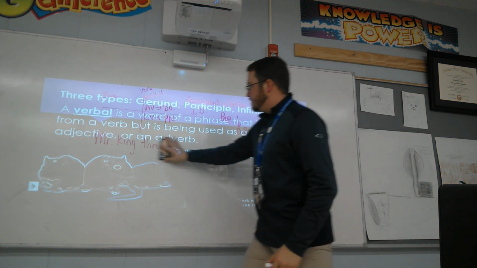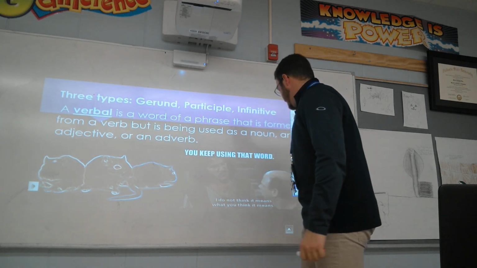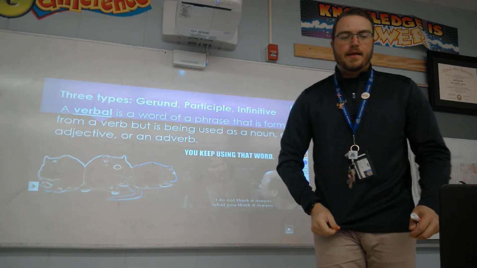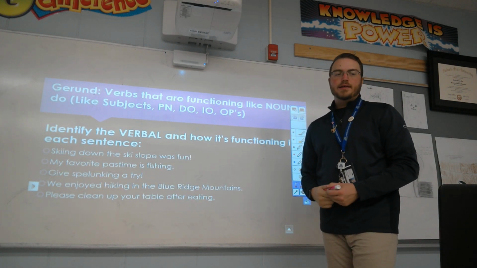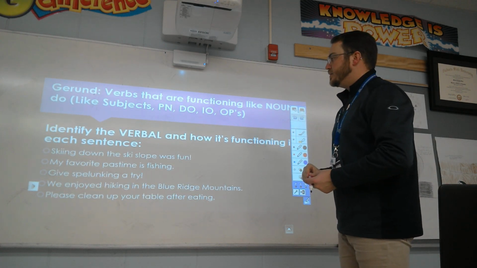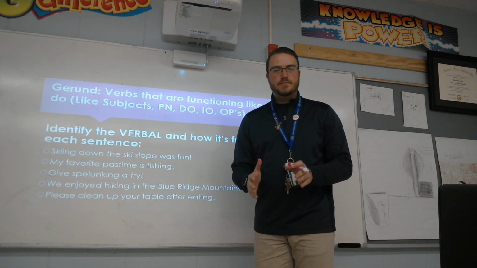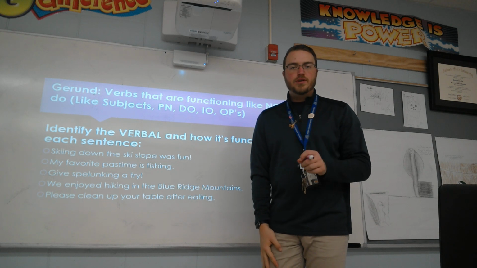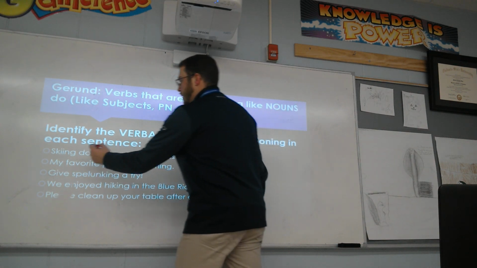Now, a gerund acts like a noun. So let's pay attention to where they are in the sentence. First, we have to find our ing words. Gerunds are verbs that end in ing that act as nouns.